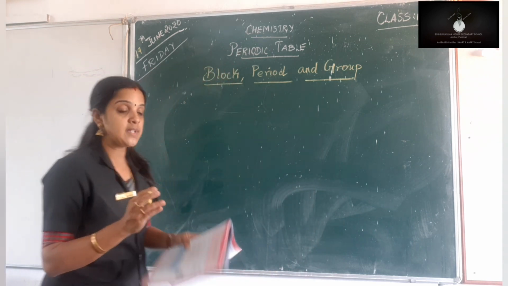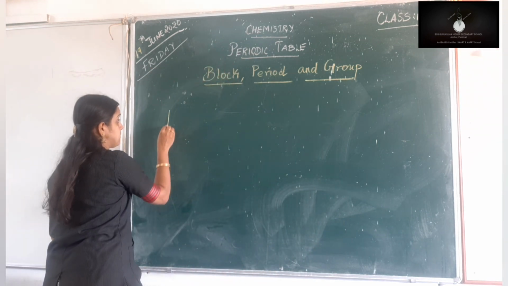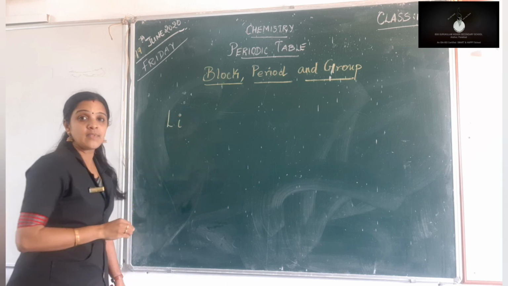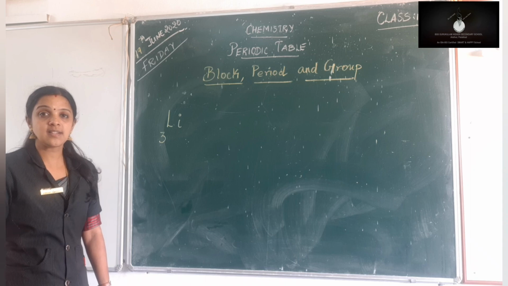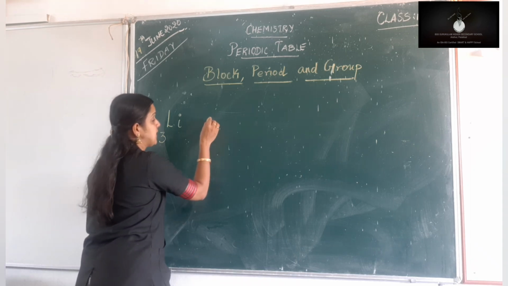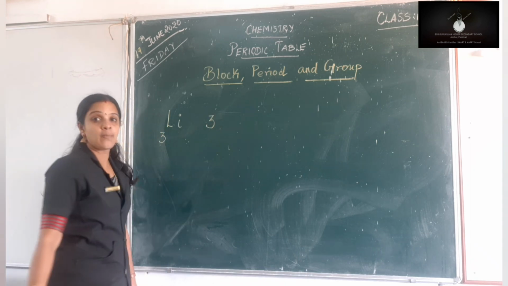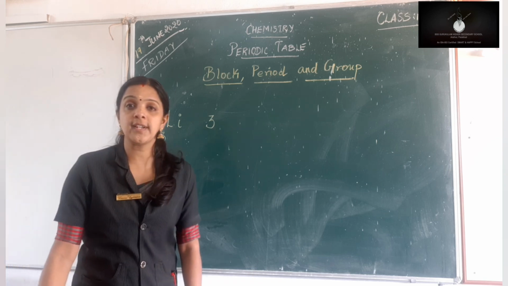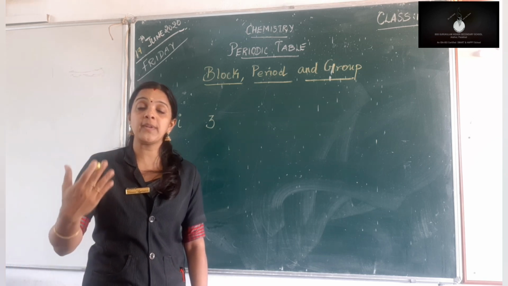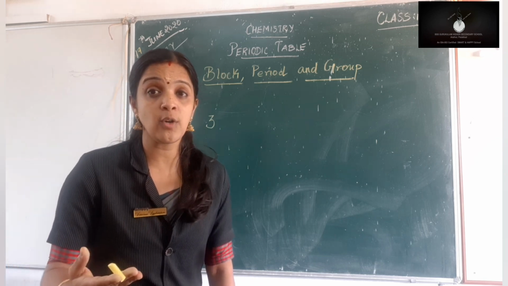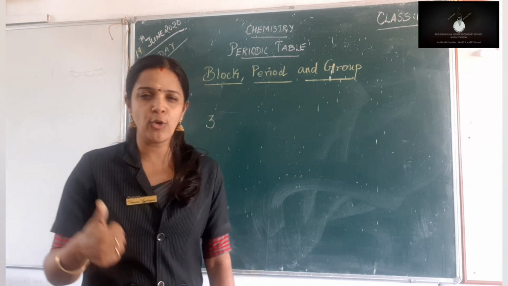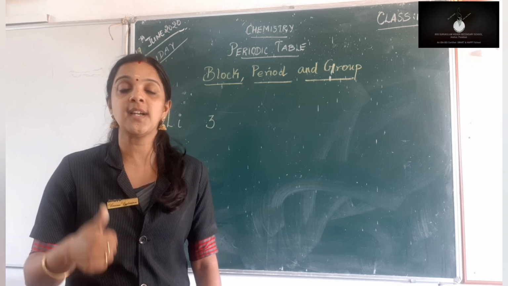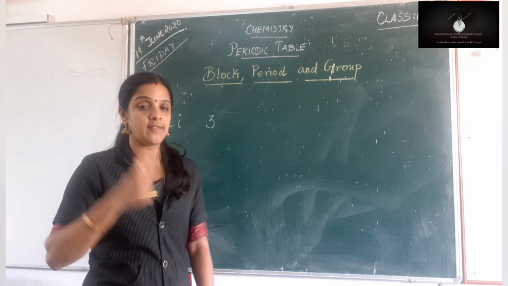The first element given is lithium. Lithium has atomic number 3, right? How do we write the configuration? We have been writing so many configurations, so by now you should be smart enough to write the subshell electronic configuration.